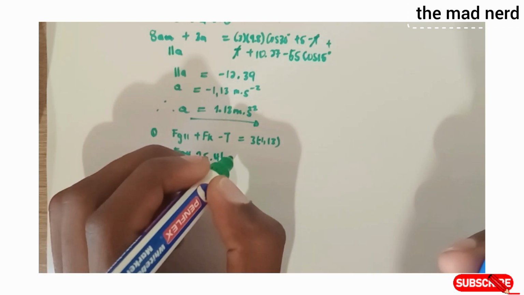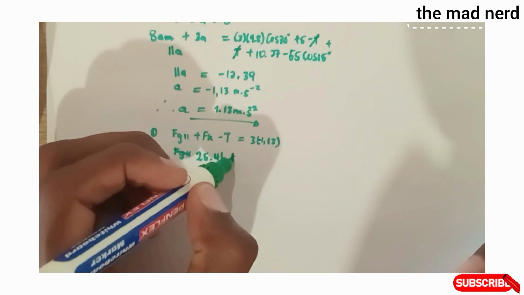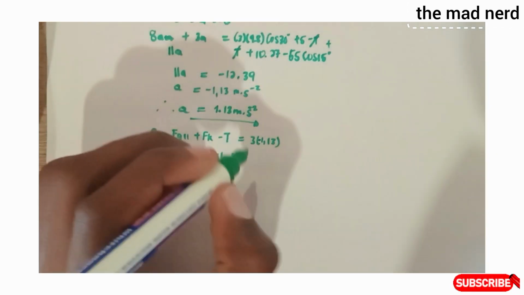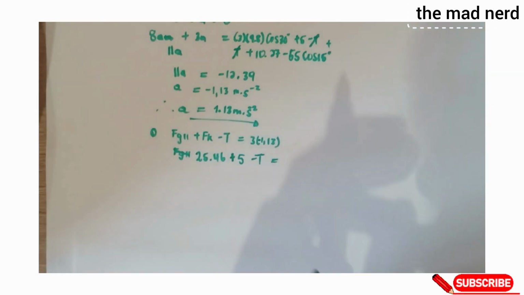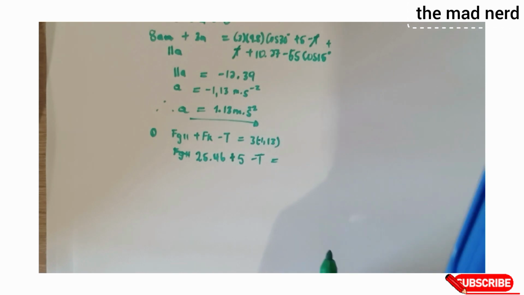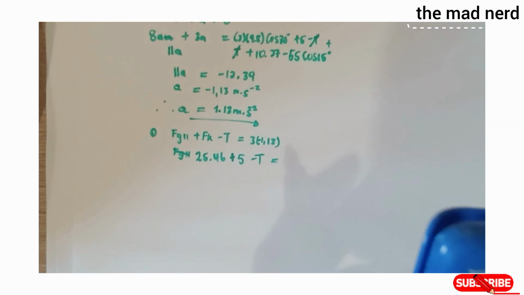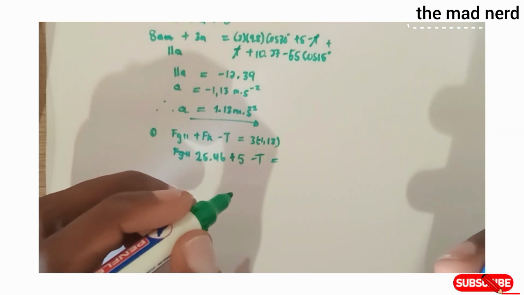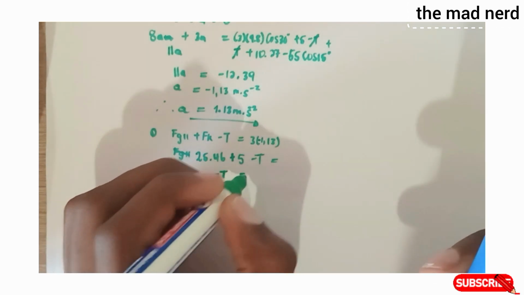And for FK, for the 3 kg block, it was 5 newtons, and negative T equals 3 into negative 1.13.